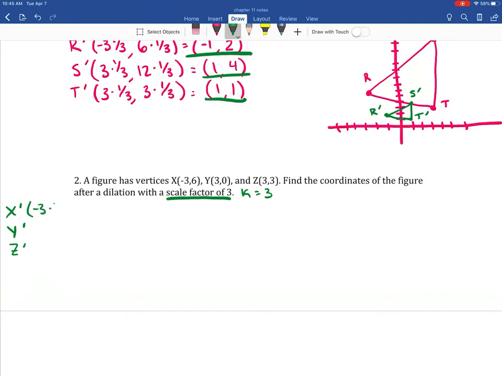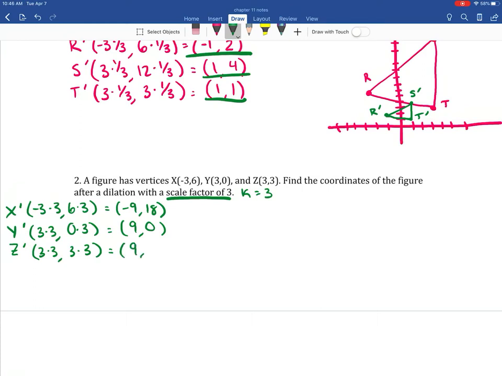So I'm going to have -3 times 3, comma, 6 times 3, which gives me -9, comma, 18. The next one, 3 times 3, comma, 0 times 3. I end up with 9, comma, 0. And the last one, 3 times 3, comma, 3 times 3, which gives me 9, comma, 9.